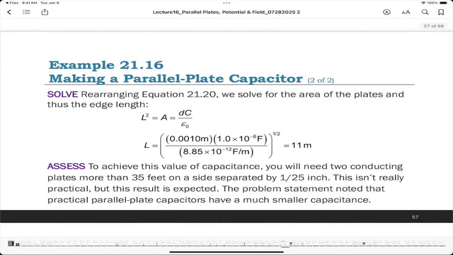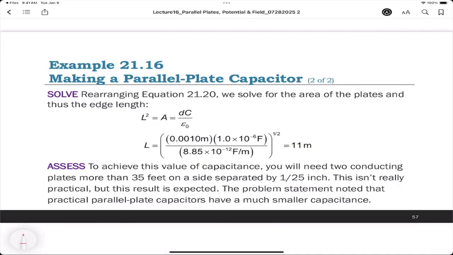Regarding rearranging equation 21.2, we solve for the area of the plates. The equation is C equals epsilon naught A over D. That makes sense to you?